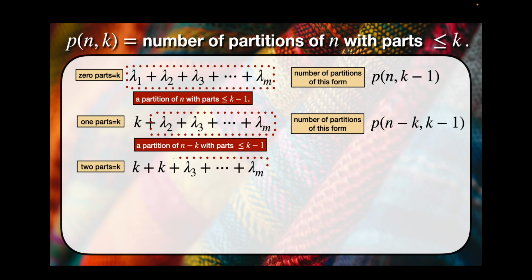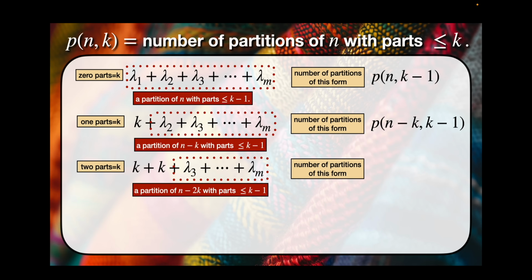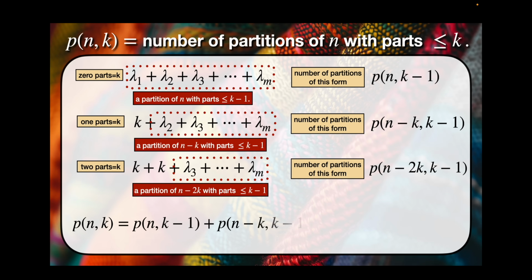Now the tail of this will be a partition of n minus 2k whose parts are less than or equal to k minus 1. And the number of partitions of this form is clearly equal to p of n minus 2k, comma k minus 1. Now we could keep going here, but I think it's becoming a little bit clear that we have the following formula. So this is a nice recursion, at least for p of n, k.